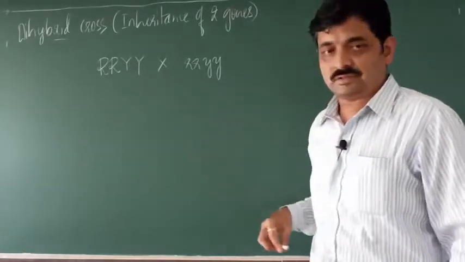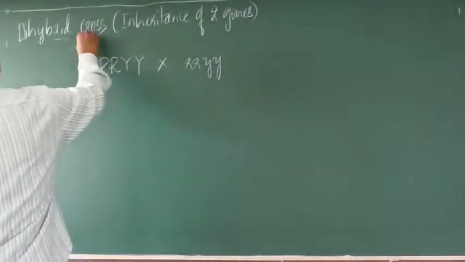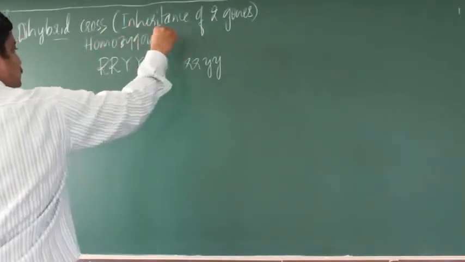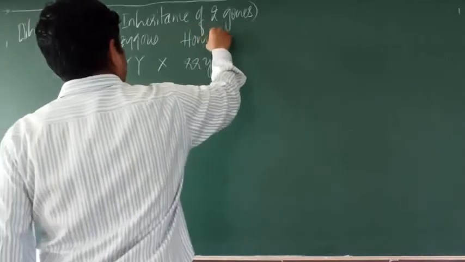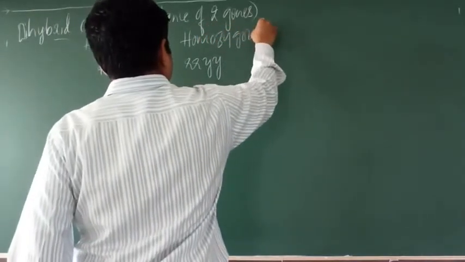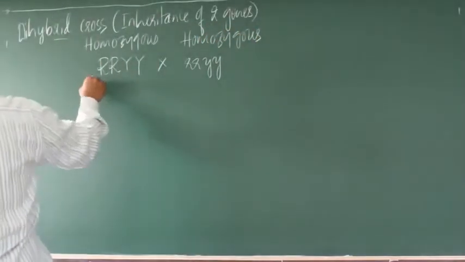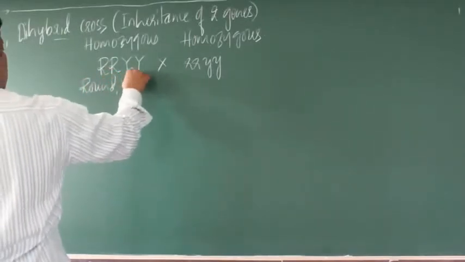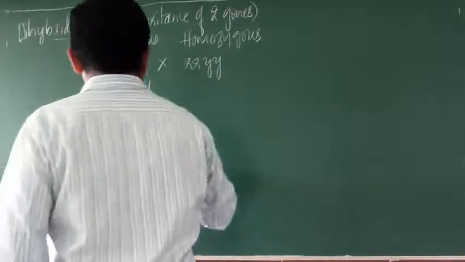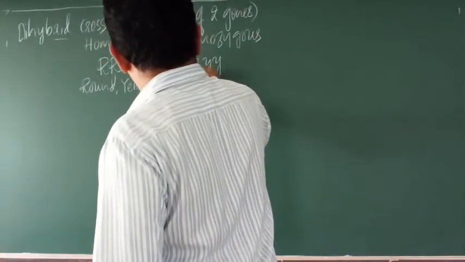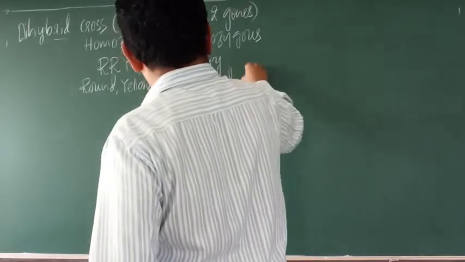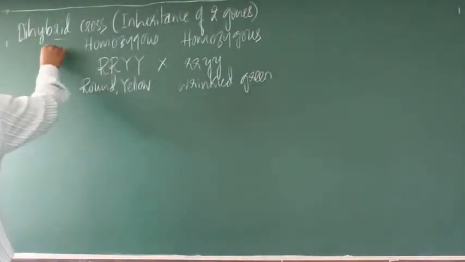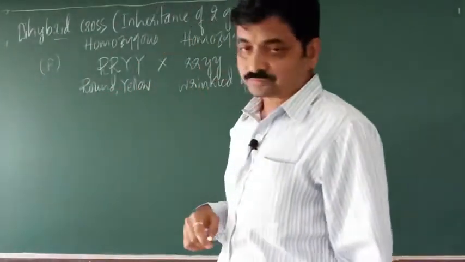So both the plants are homozygous. This one is round yellow and this is wrinkled green. So they form the parental generation.